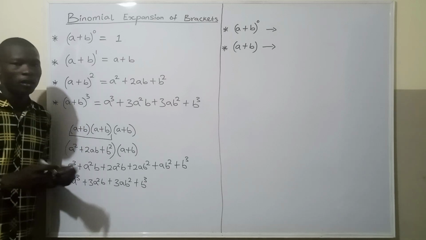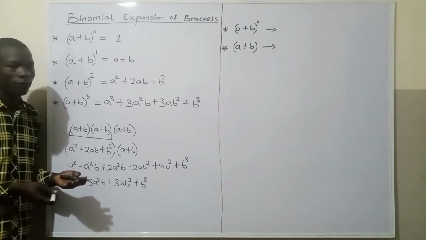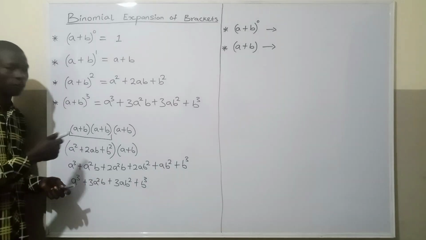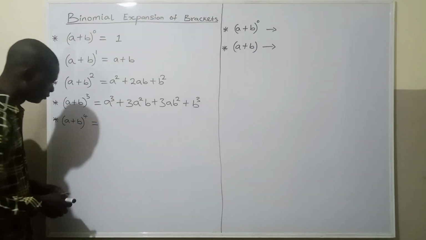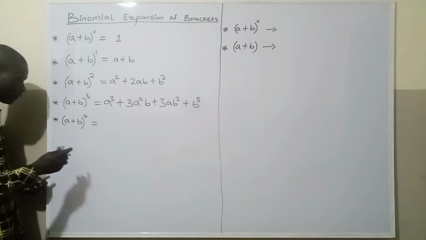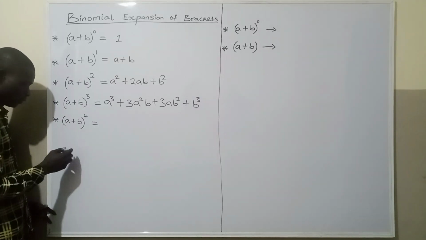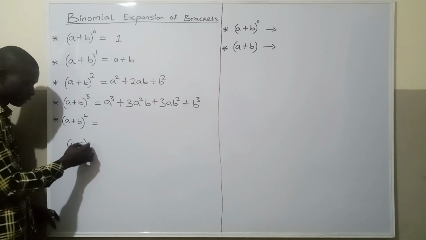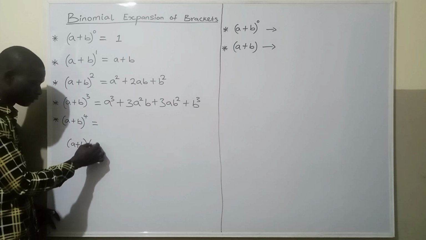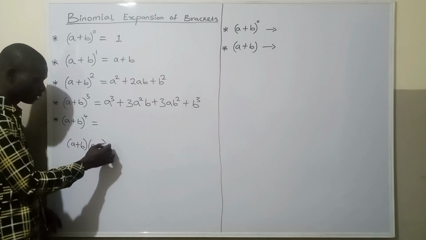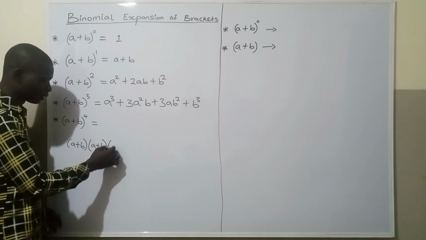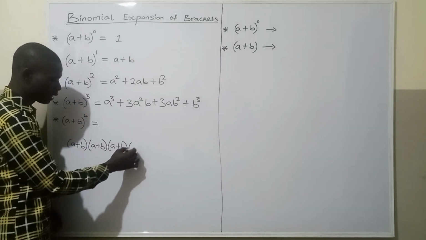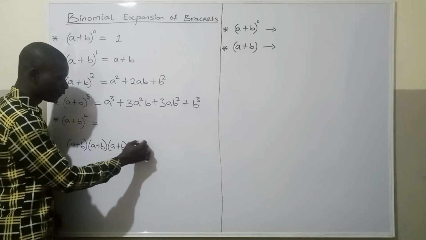The next one is to go for (a + b) raised to power 4, and the list is going to go on and on. As before, (a + b) raised to power 4 means a plus b, first bracket, a plus b, second bracket, a plus b, third bracket, and a plus b, fourth bracket.